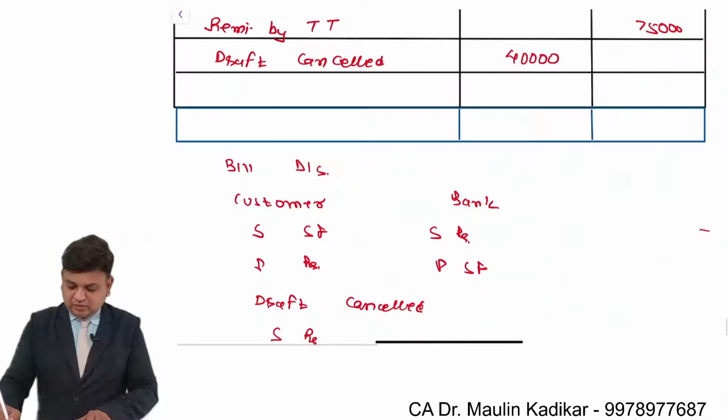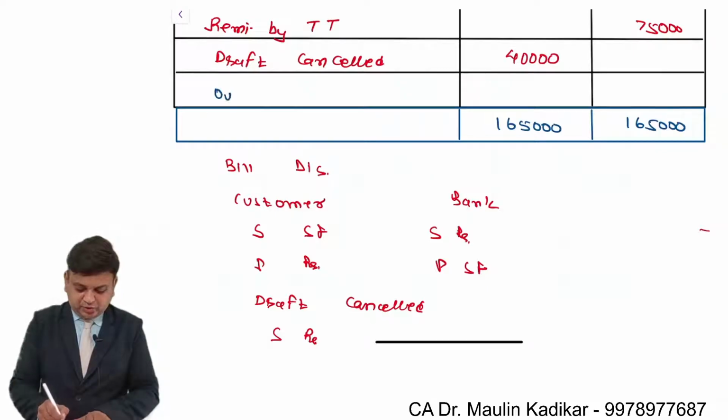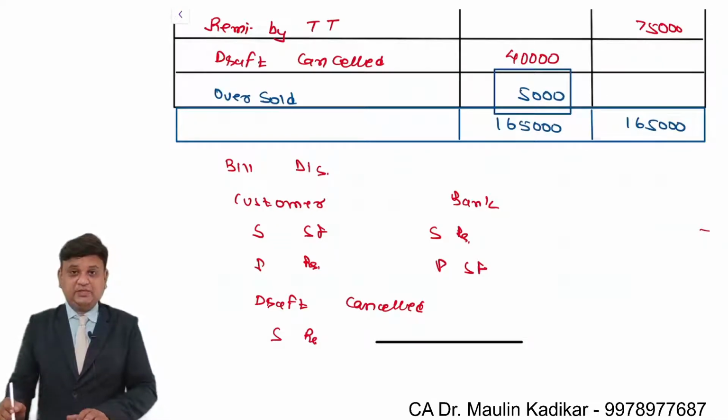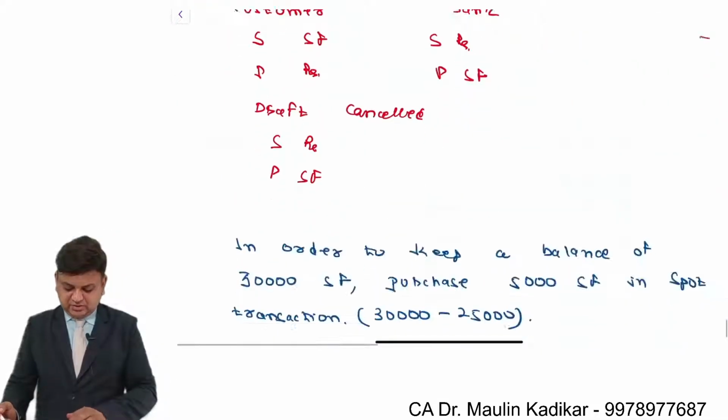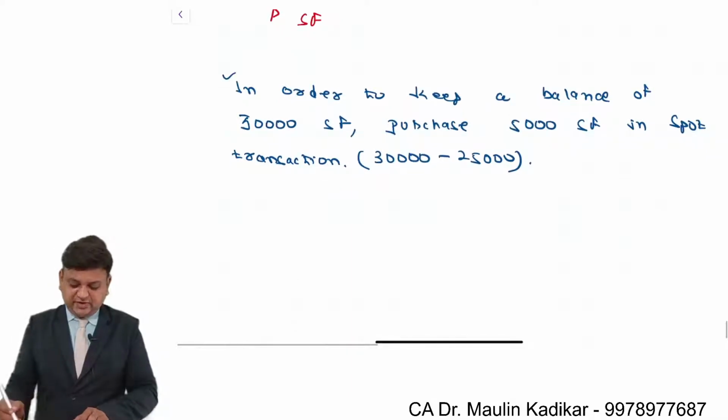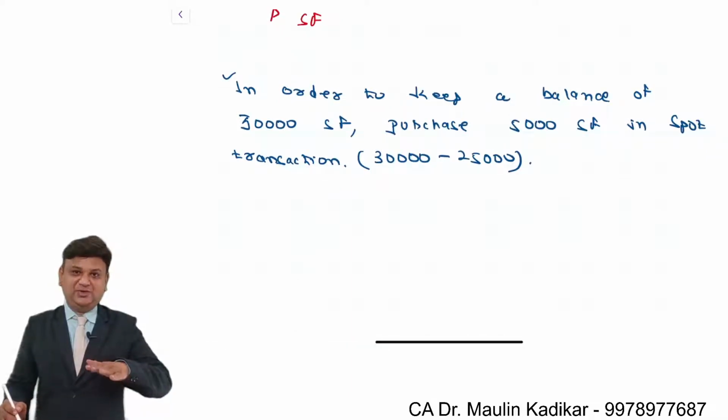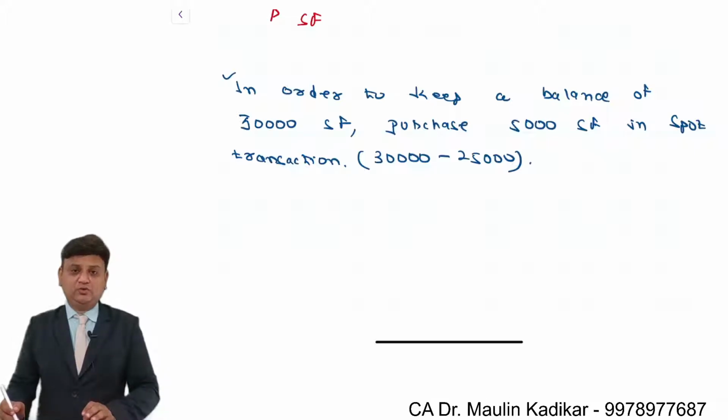So 1,65,000 is more than 1,60,000, so there is an oversold position of 5,000. By purchasing this 5,000, the balance goes down to 0.